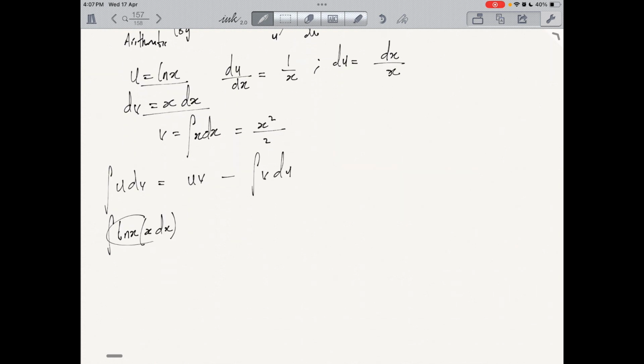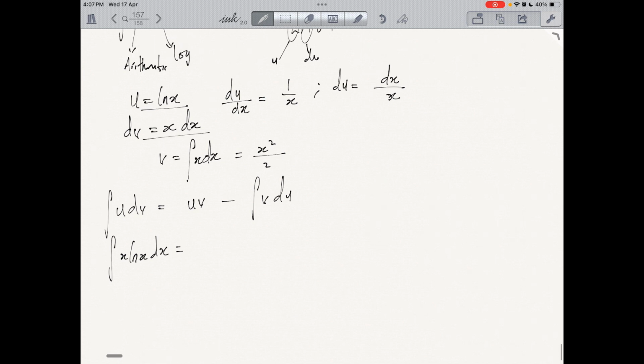This can be rewritten as the integral of x ln x dx, as the question, is equal to u, which is ln x, multiplied by our v, which is x squared over 2, minus the integral again of v, which is x squared over 2, multiplied by du, and our du is dx over x.